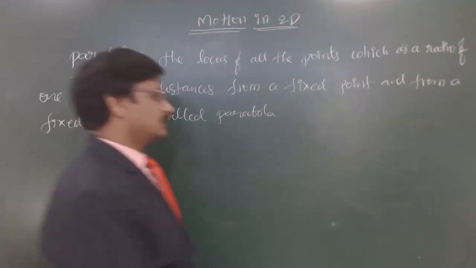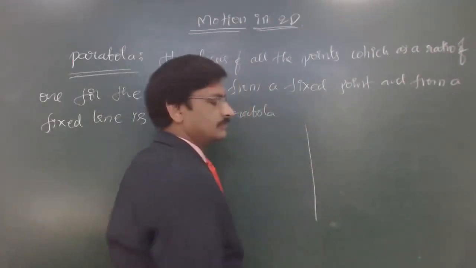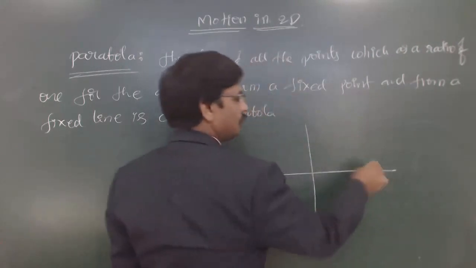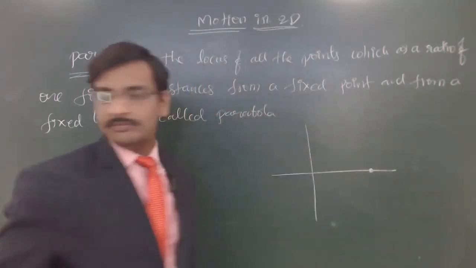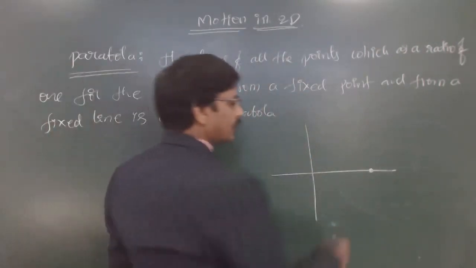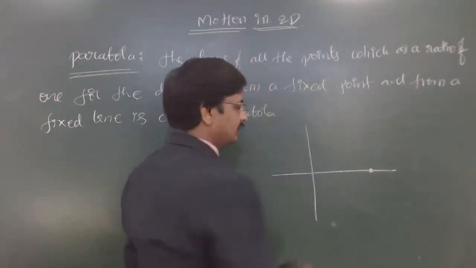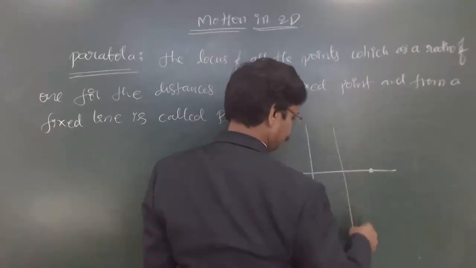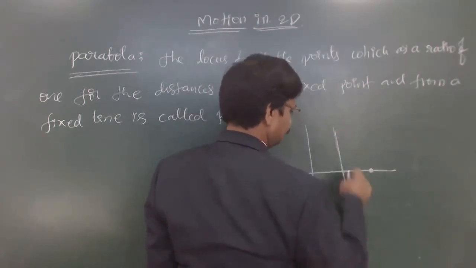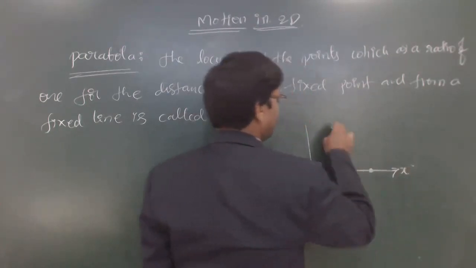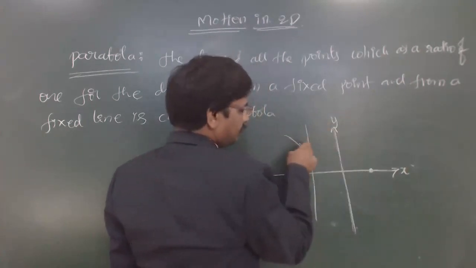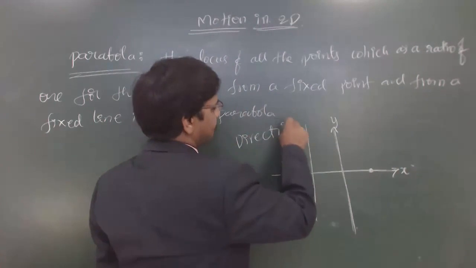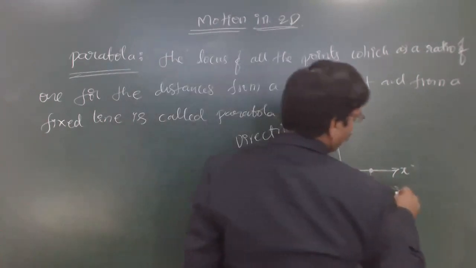What it says is, there is a fixed line like this, and then there will be a fixed point like this. So this is one fixed point and this is one fixed line. And then the ratio of the distances. This is the x-axis and this is the y-axis, and this fixed line is called the directrix, and this fixed point is called the focus.